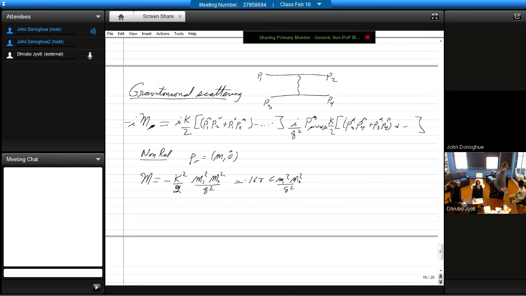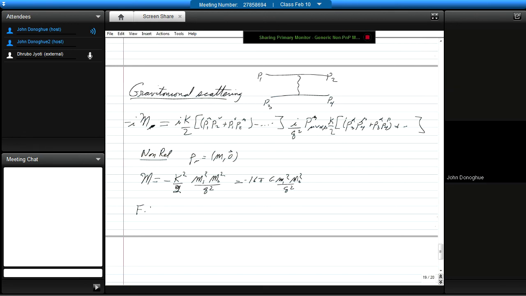And then let's quickly end this. If I do the Fourier transform, 1 over q squared turns into 1 over 4 pi |x minus y|. If I was doing a scattering, that's that. To recover my normalization, I have to put a 1 over 2E for each of the external states to get the right non-relativistic normalization.